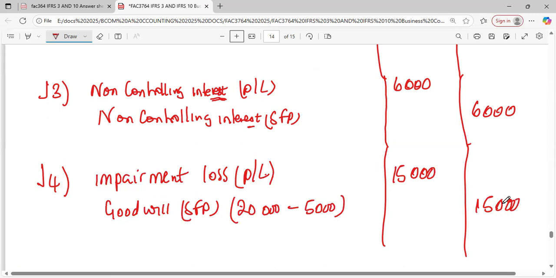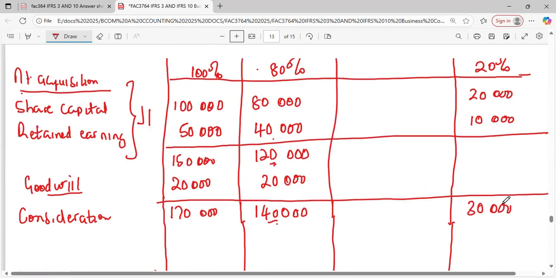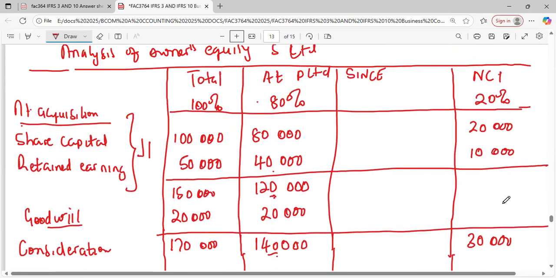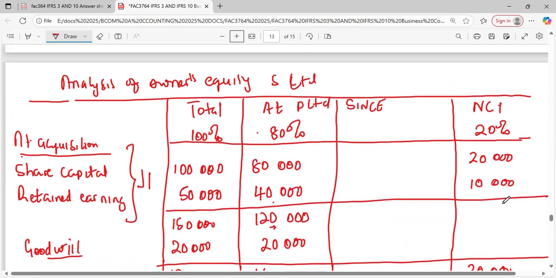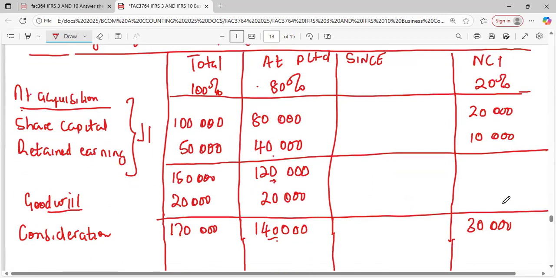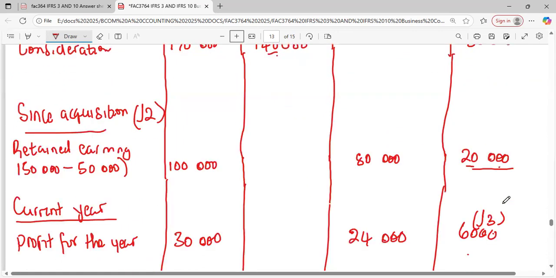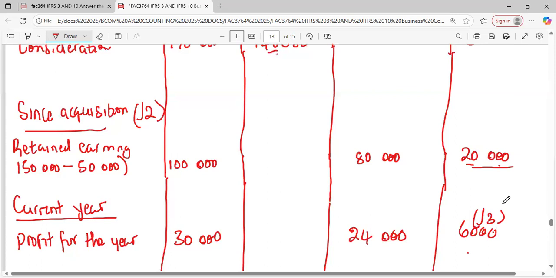So if you check when you do your journals, most of your journals come from this analysis. So which means you have a journal at acquisition, since acquisition, then the journals on the current year.